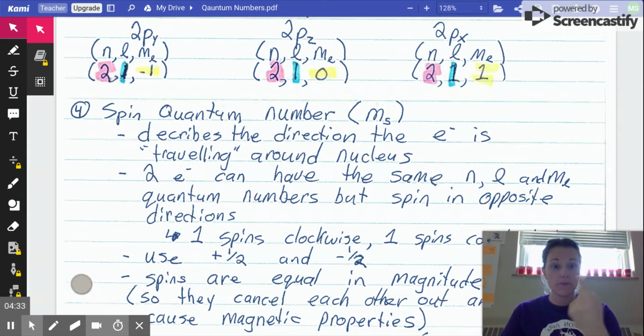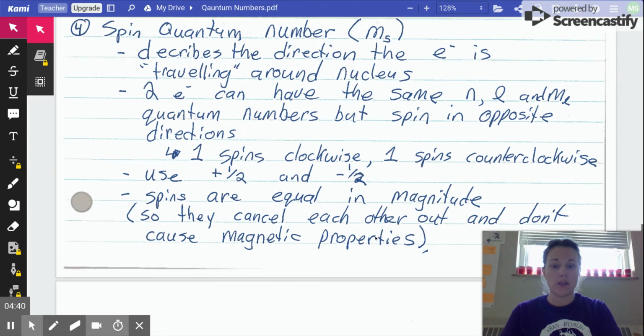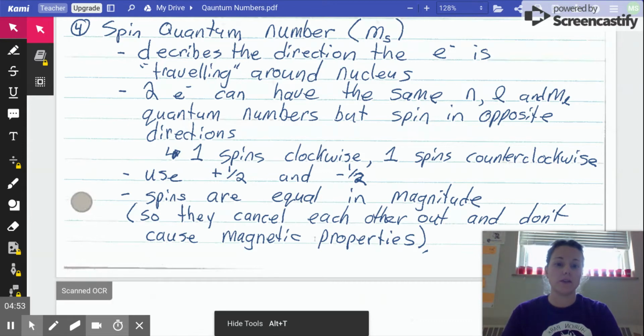One of them is spinning clockwise and one of them is spinning counterclockwise. We use just a plus half and a minus half to indicate that one is spinning clockwise and one is spinning counterclockwise. The spins are equal in magnitude, so they cancel each other out and don't cause magnetic properties.